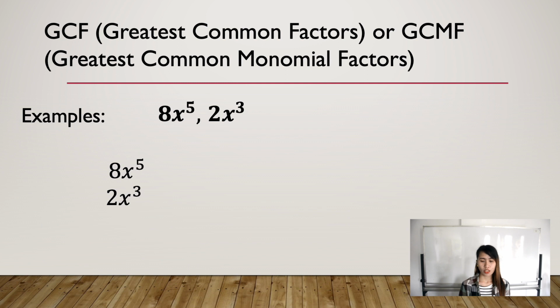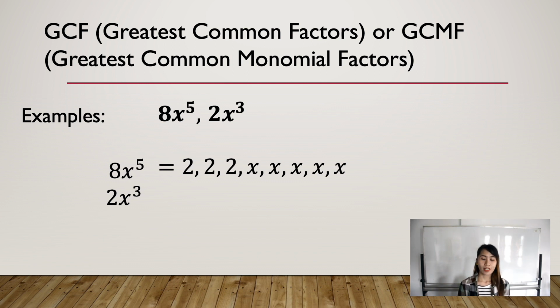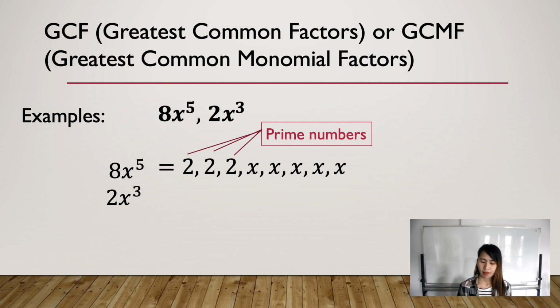To find the GCF, or greatest common factor, also known as GCMF, which is the greatest common monomial factor, we have an example. Let's find the GCF of 8x raised to 5 and 2x raised to 3. Think about the numbers that, if you multiply them, will equal 8.